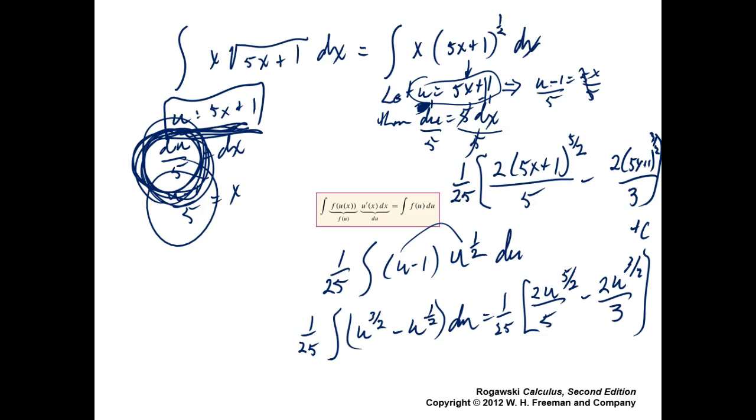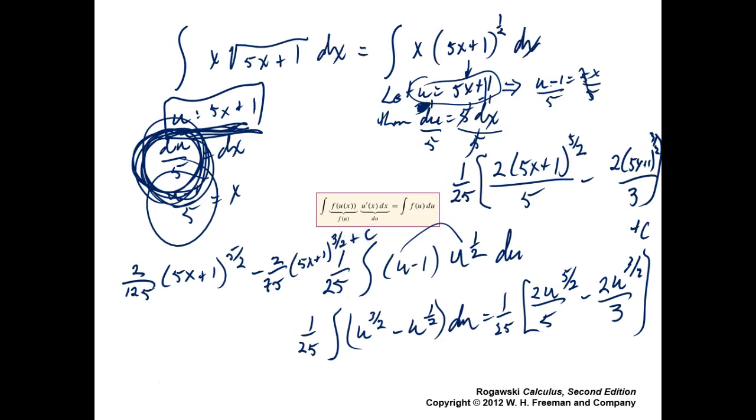That is a perfectly correct answer, but how they then write it is 2 over 125 times 5x plus 1 to the 5/2 minus 2 over 75 times 5x plus 1 to the 3/2 plus C.